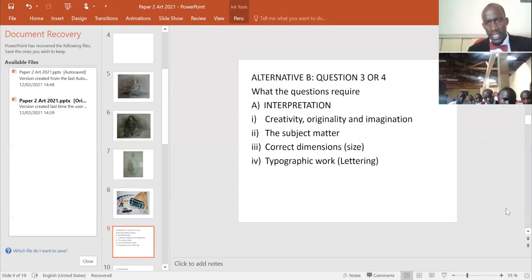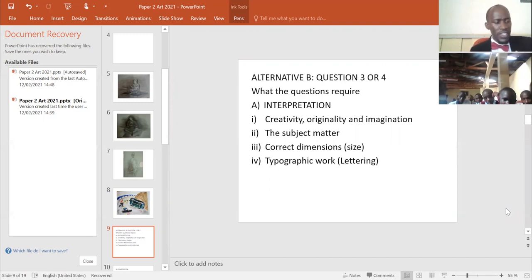Now, we shall go straight to the alternative B, that is question 3 and 4. And most of these questions basically are normally graphic design work. Now, what does graphic design questions require?